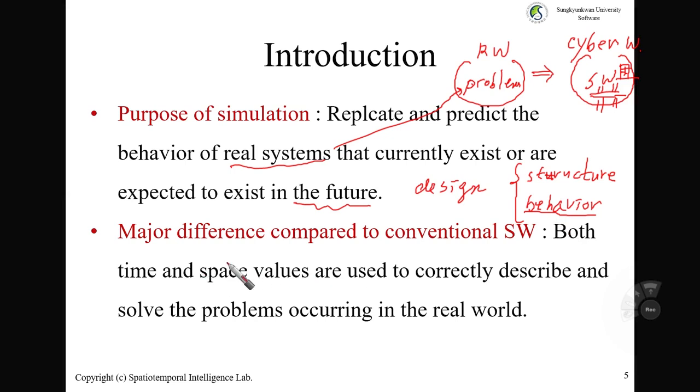And in order to have this behavioral design or behavioral analysis and prediction, there should be a different way to write programs for the simulation models. So what is the major difference compared to conventional software? The conventional software means most of the existing software.